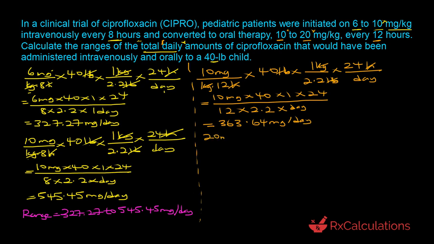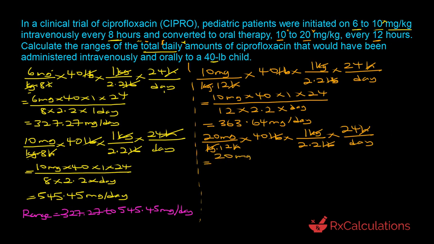We can repeat the process for the 20 milligram dose. So we have 20 milligrams per kilogram given every 12 hours. It's the same patient, so you have 40 pounds. We convert the pounds to kilograms, so 2.2 pounds is equivalent to 1 kilogram. The kilograms cancel out, the pounds cancel out. We are interested in the total daily dose, so we have 24 hours in one day, and the hours cancel out. Now we can multiply all the terms in the numerator.